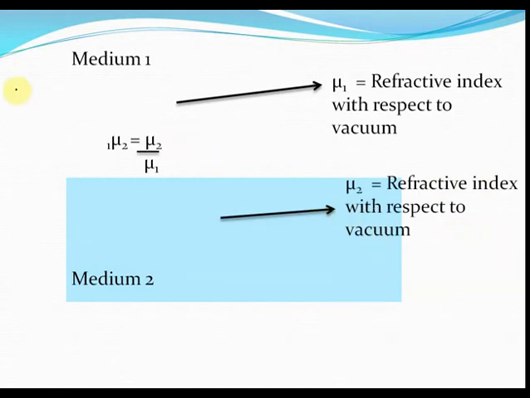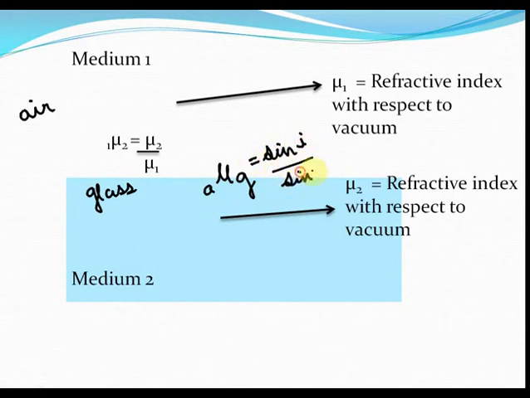So if this is air here and this is glass here, in that case, A mu g, that is the refractive index of glass with respect to air, will be sine I divided by sine R, where I is the angle of incidence with which the light ray is incident on the glass slab, and R is the angle of refraction in the glass slab.